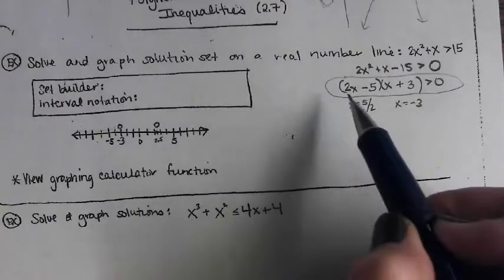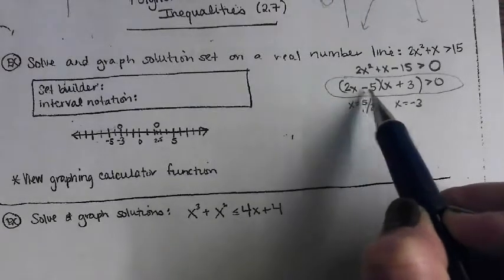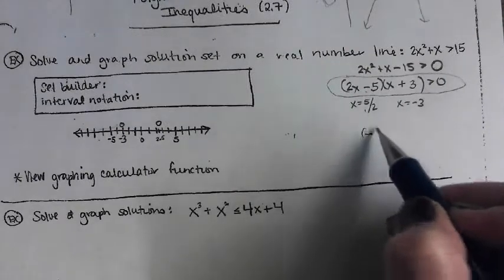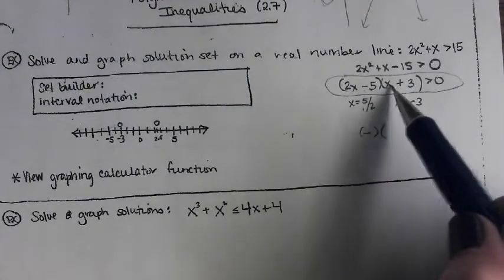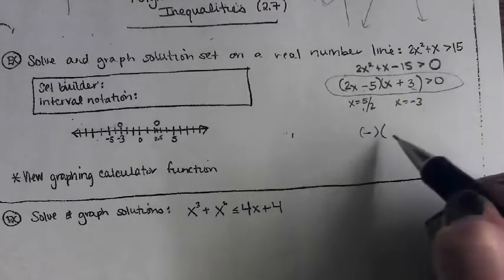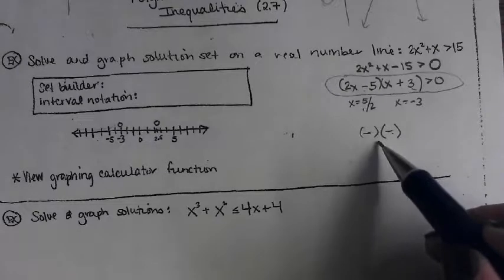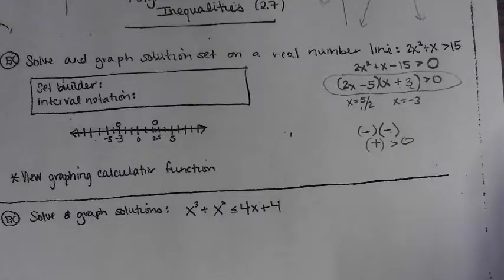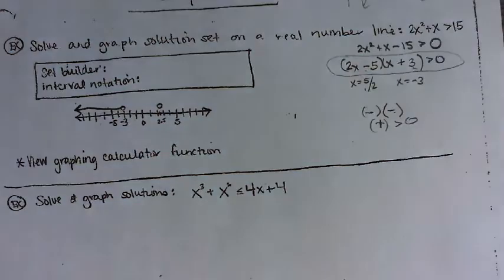So if I plug in -4, 2 times -4 is -8. -8 minus 5, I don't care what the actual number is. I know it's a negative though. Times, if I plug in -4 here, -4 plus 3 is a negative. And a negative times a negative is a positive. So is a positive greater than 0? Yes. So if that worked, we shade it in. And all of those are solutions.